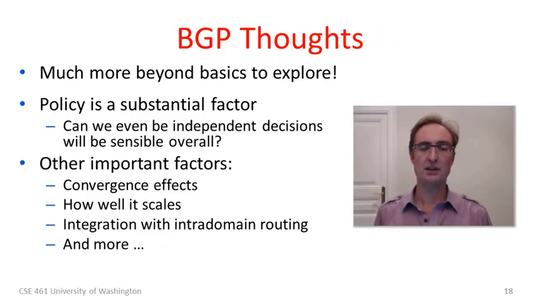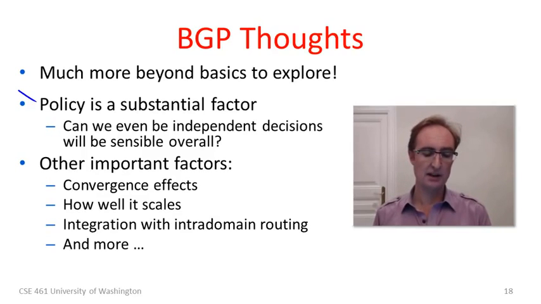Okay, well now you've seen the basics of how BGP works. BGP is actually quite a complex protocol, so there are many more details beyond these basics which make it quite difficult to understand. So we'll stop there at the moment. The bit we've covered is really the key ideas in BGP, and I think they're what's most exciting about it.